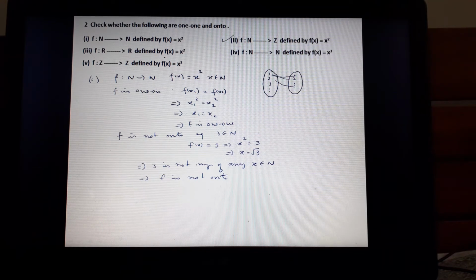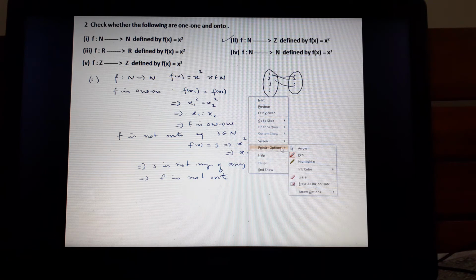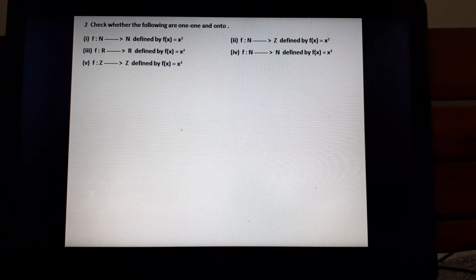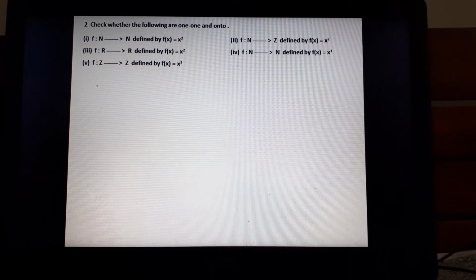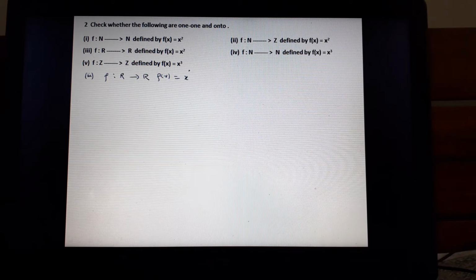Say R to R, so this I will do. So let me take the third question, question number 3. f is from R to R defined by f of x equal to x square.